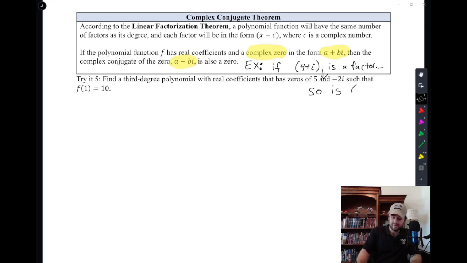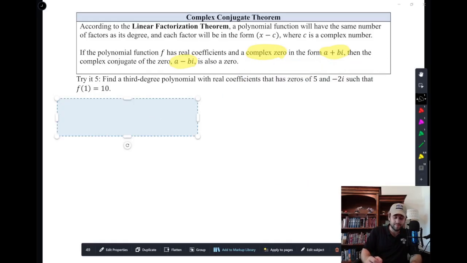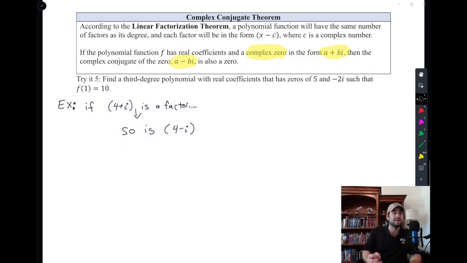So is 4 minus i. If you remember the complex conjugates from when we divided, there were complex conjugates when we divided complex numbers. We just have this rule that says if any zero is imaginary or a complex number and has an imaginary part, then so is its complex conjugate.